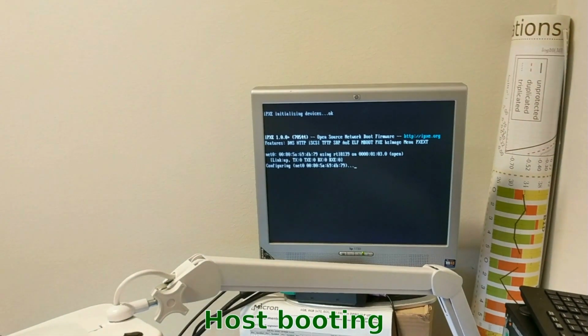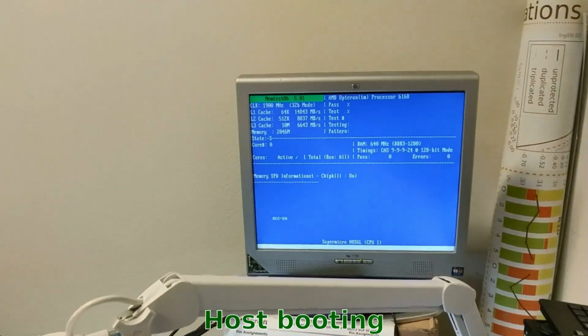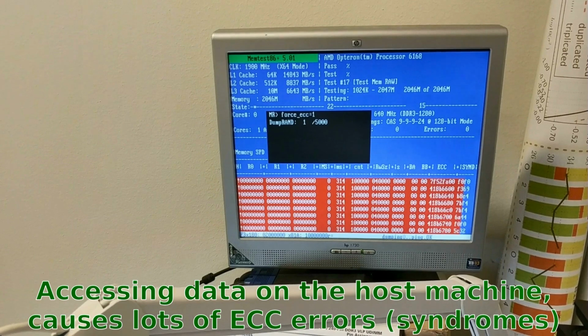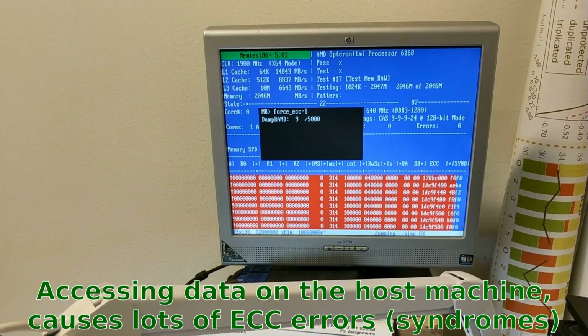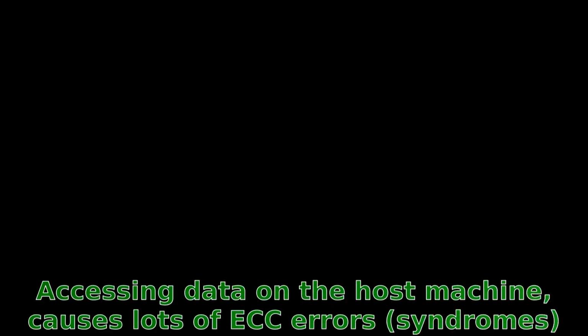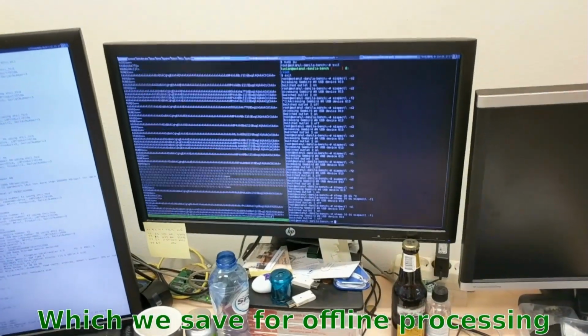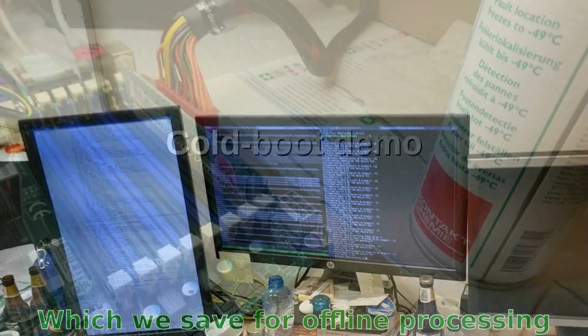Right now the host is booting, and we wrote a program such that we again log all these syndromes that we observe. This also dumps all the information on the serial, because that machine is not too stable. And right now, we recover all the syndromes.